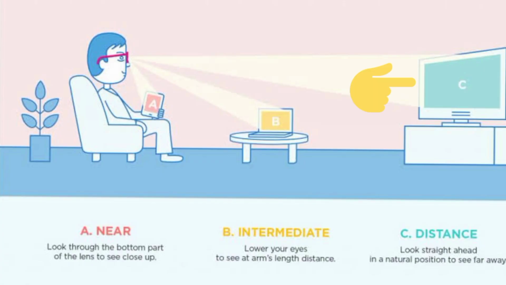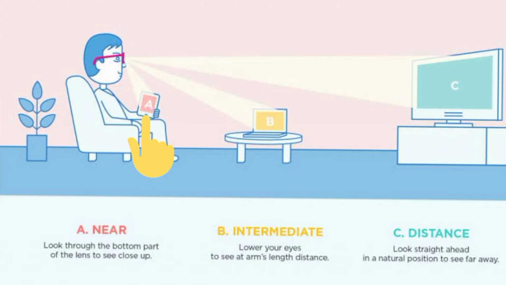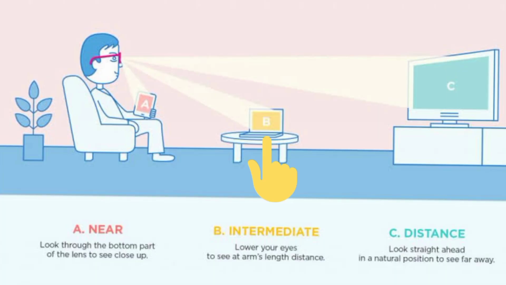And if we talk about the intermediate correction or intermediate prescription, you know that if I'm looking at a far distance, that is my far vision, right? And if I'm looking at my mobile, if I'm looking at my text, if I'm writing something, that distance is my near vision, right? And the intermediate distance is actually between the far distance and the near distance. You know that the near distance is about 40 centimeters, or 35 centimeters, or 25 centimeters.